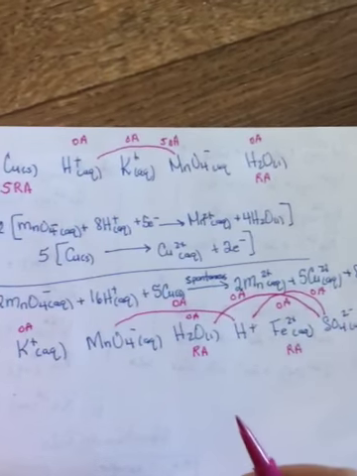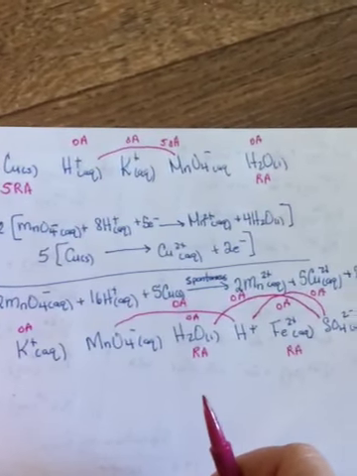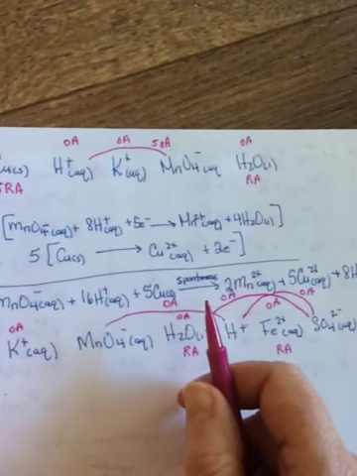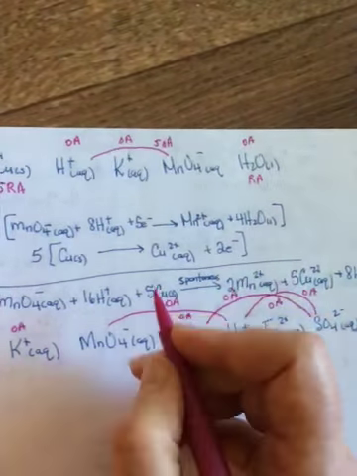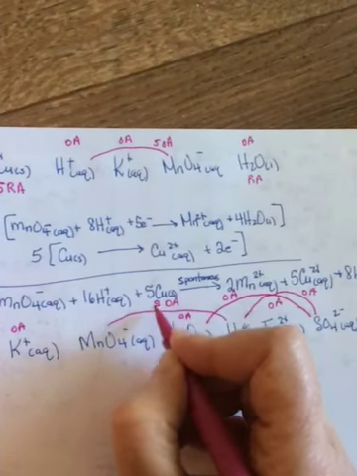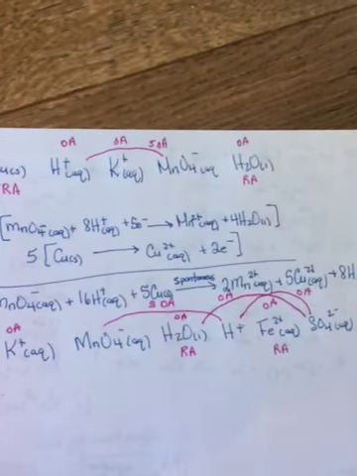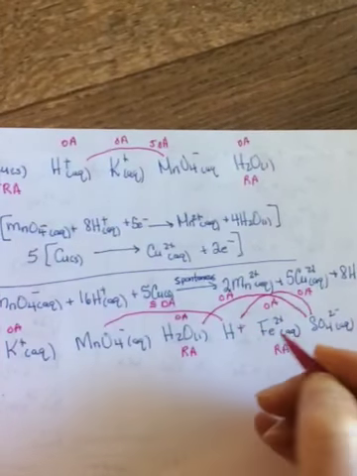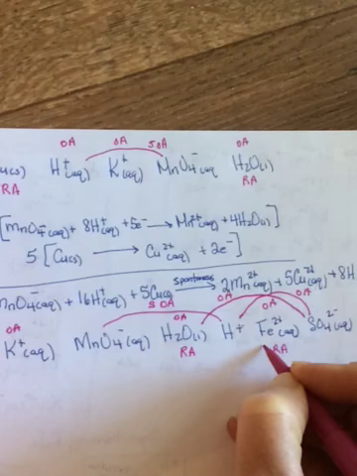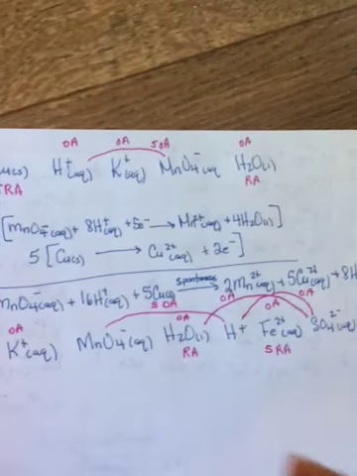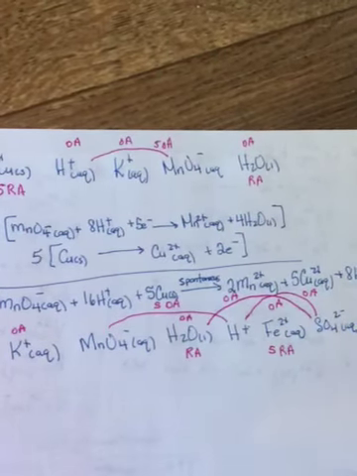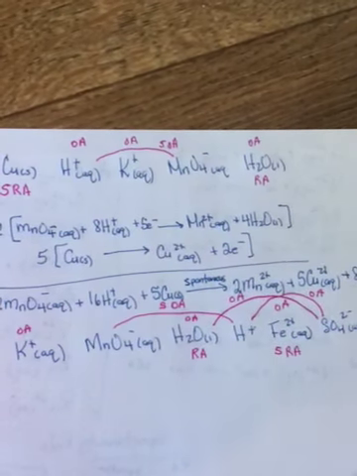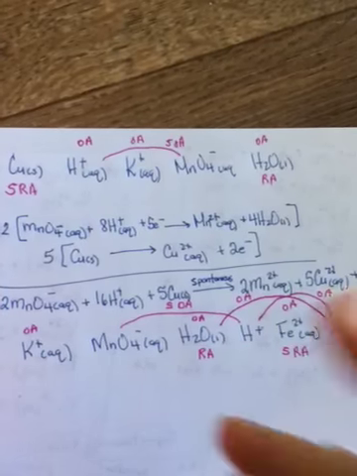All right, so now our next step is to figure out which one's the strongest. So which one is the strongest oxidizing agent? Which one is closest to the top? It's this guy. He's third from the top. Which one is the strongest reducing agent? Which one is closest to the bottom on the right-hand side? It's the iron. Okay, so now once you have those, now you're going to copy right from the table the two half reactions.